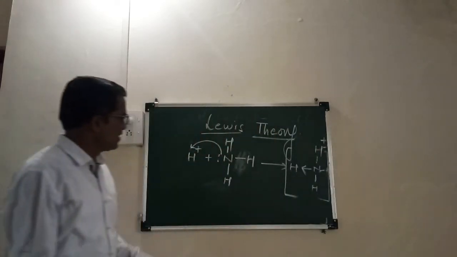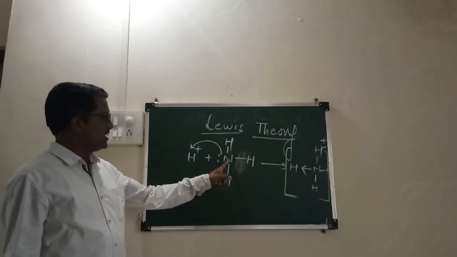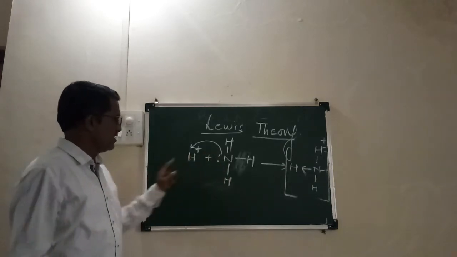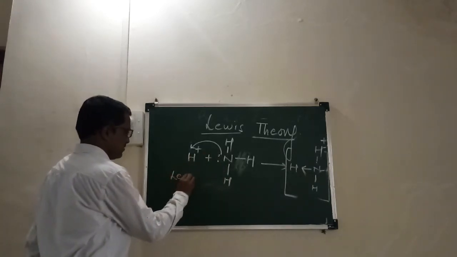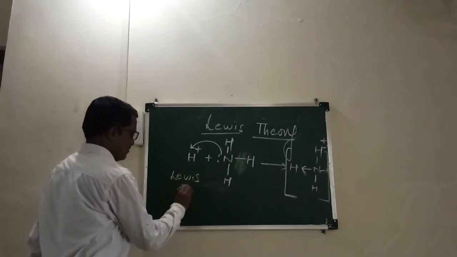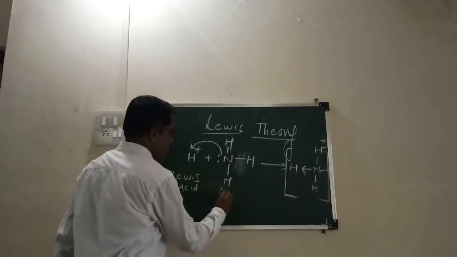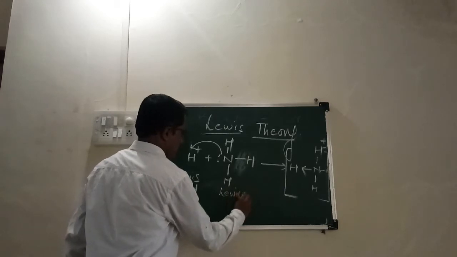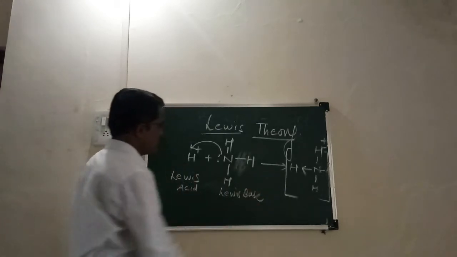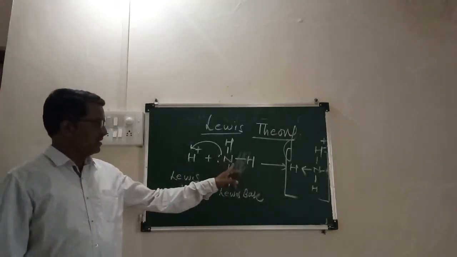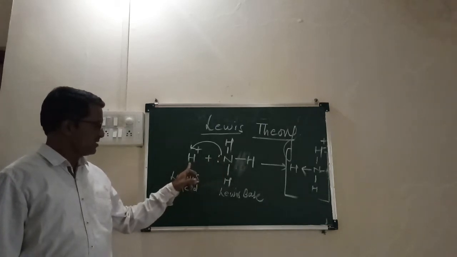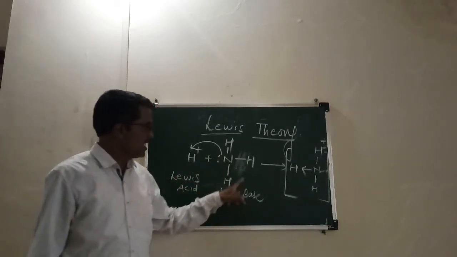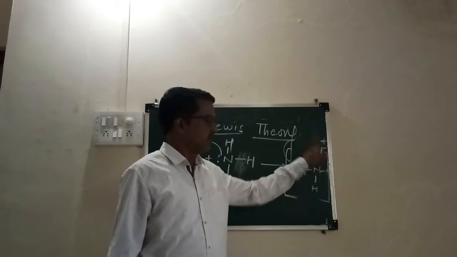Now in this example, the lone pair of electrons present in the ammonia is donated, therefore this is the Lewis acid and this is the Lewis base. NH3 donates the lone pair to the H plus, therefore H plus is the Lewis acid and NH3 is the Lewis base, and there is a formation of a coordinate bond.